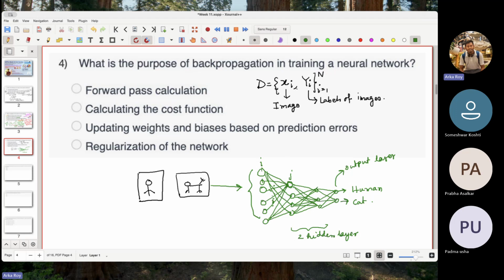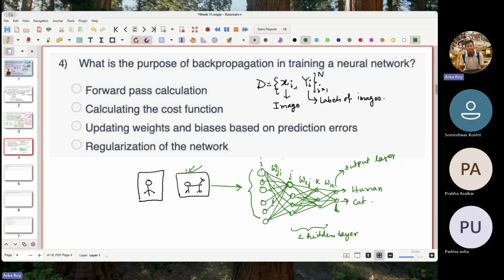Now let's say you have fed this particular image into this model. Let's say this is WJI, this is the kth layer, and this is the output layer, layer L. Over here the weights are represented as WKJ, and over here the weights are represented as WLK.